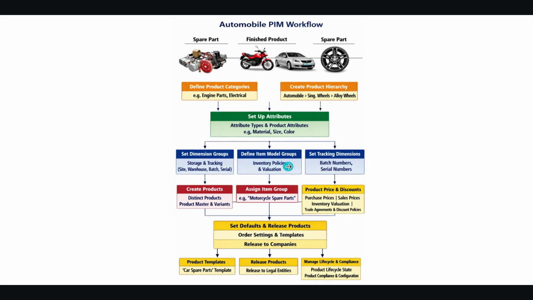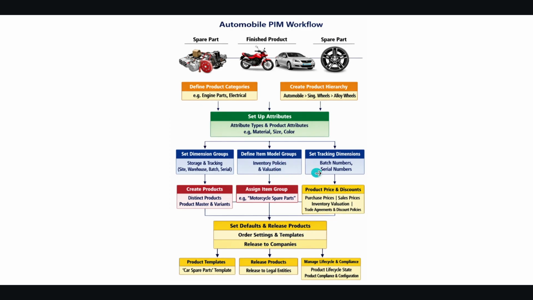This is used in an attribute called item model group. So please note that this is very, very critical for defining the product characteristics. And again, valuation. How do you want to cost? Which costing method do you want to use? These are all pieces of information which will be registered during the product information creation stage.